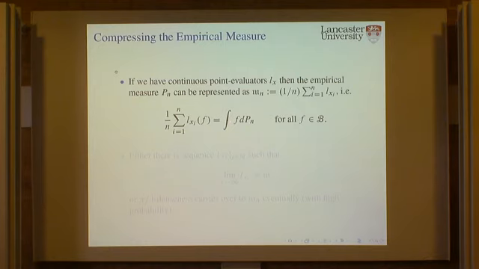Here I have just a function f in a Banach space B. Lxi is the point evaluator living in B star that essentially evaluates f at the point xi, and xi corresponds to my sample. So I have a representation of my empirical measure in my dual space.